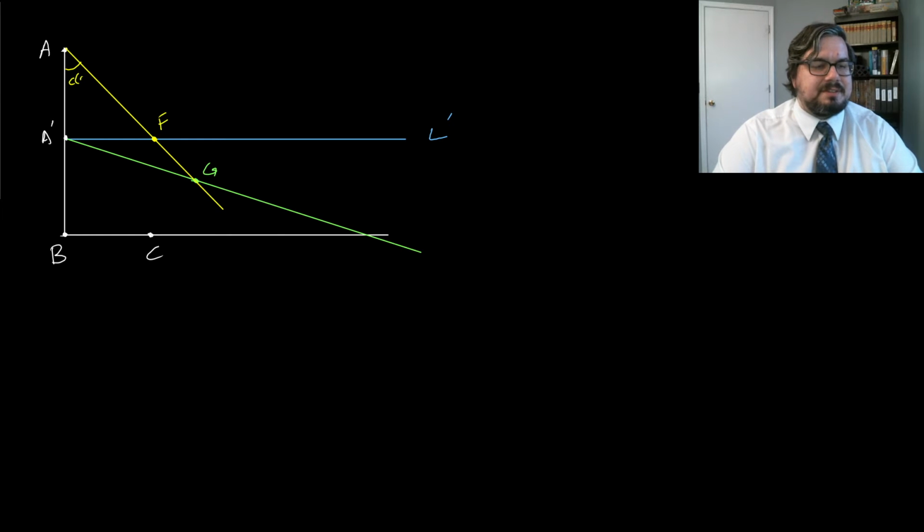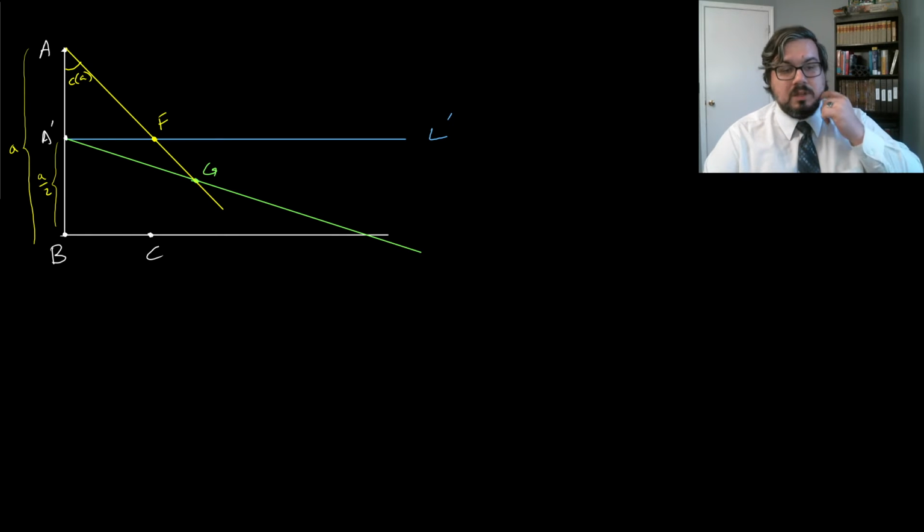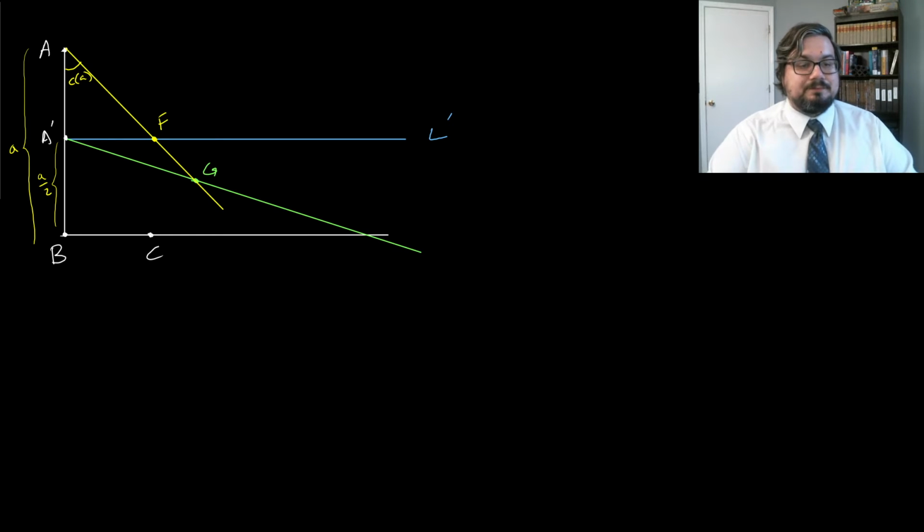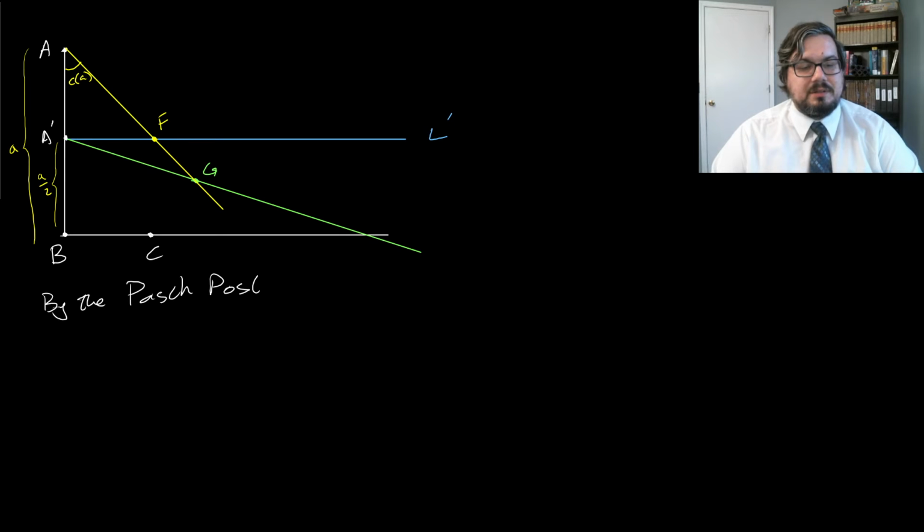And we have that this is the critical function of A, where A is the total distance from B to A, and this is A over 2. And we want to show why this gives us a contradiction. And it's going to be via the Pasch postulate. So, by the Pasch postulate, let's label this point H over here, where the ray A prime G intersects the ray BC.